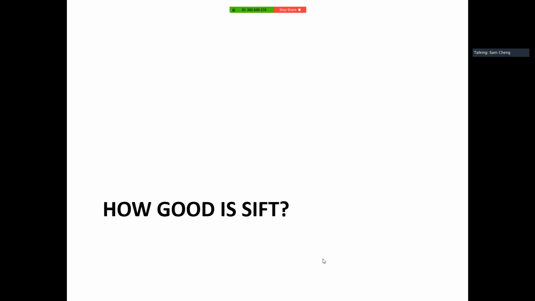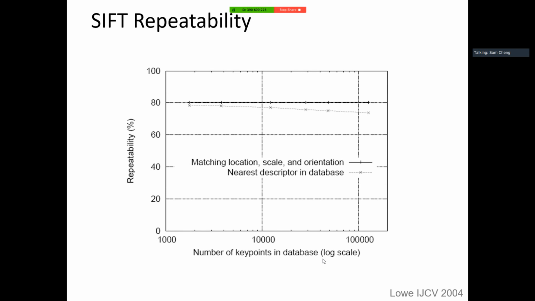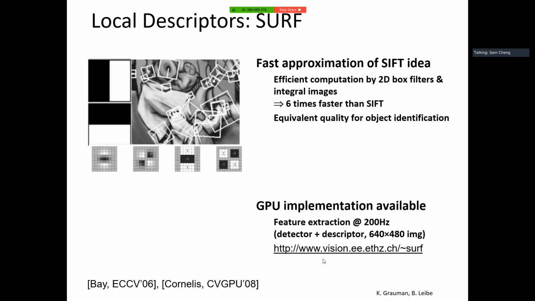So okay, that's basically what I wanted to talk about SIFT. I also like to mention that there are some variations of SIFT, for example, there's a first modification called SURF.